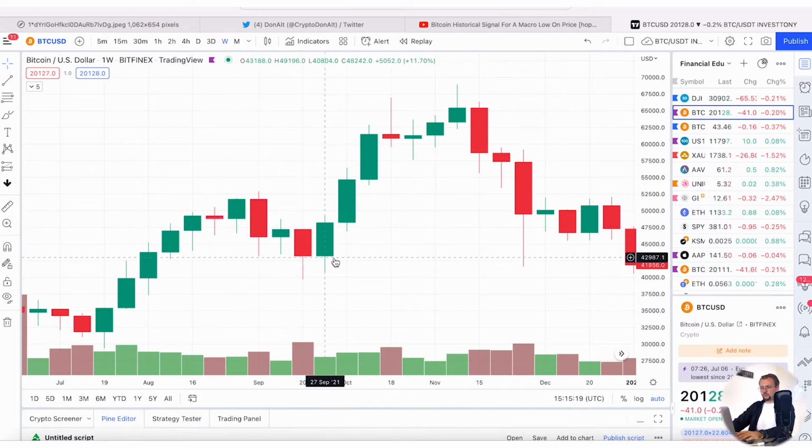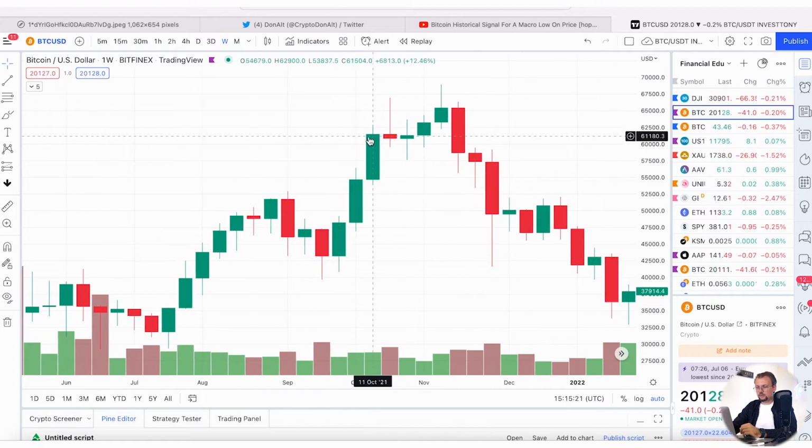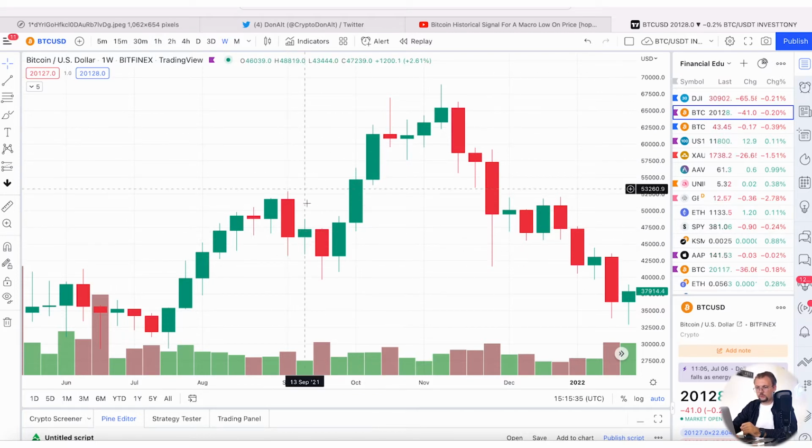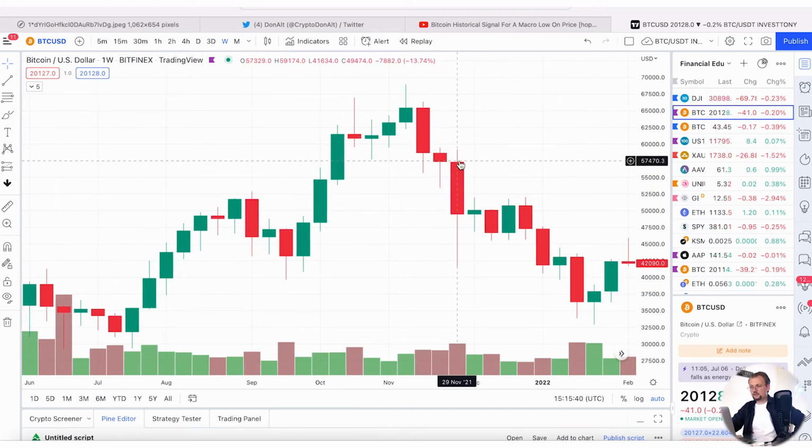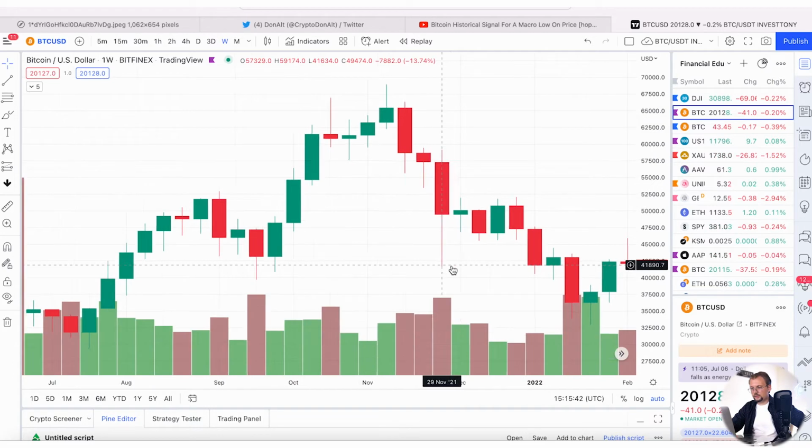So now, at least looking at the chart, you would know that the green candles mean that the price goes up, and you know what the opening price and the closing price are, and how high the price went and how low the price went during this period of time. Now let's say you see this long candle to the downside.